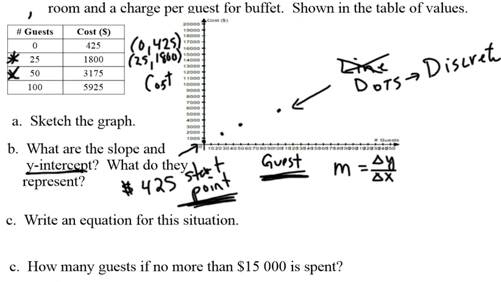Don't forget, these are our x values: number of guests are independent. These are our y values: cost, because the cost is dependent on guests. So, change in y, 3,175 minus 1,800, over change in x, being consistent, 50 minus 25.